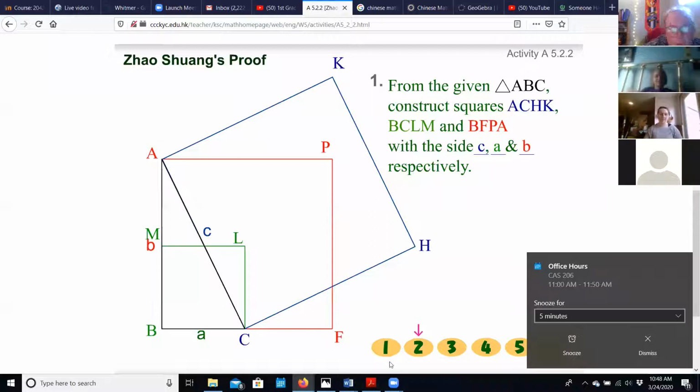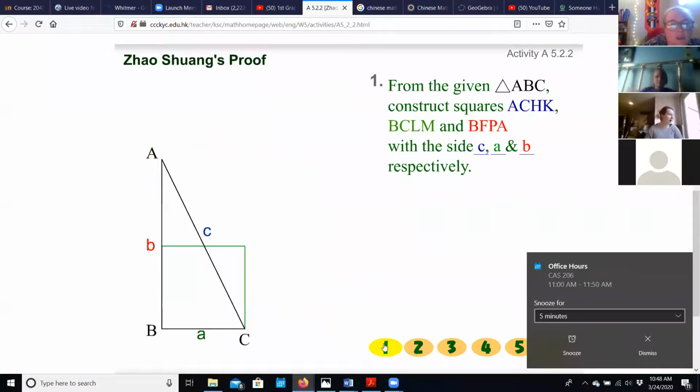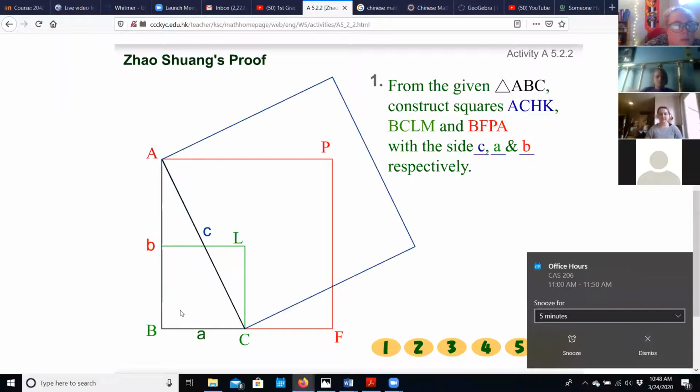Okay, so let's start this over. You have that triangle with the legs A and B, hypotenuse C. Then they constructed these 2 squares, one with the length of A on both sides, and another box that has length C for both sides.